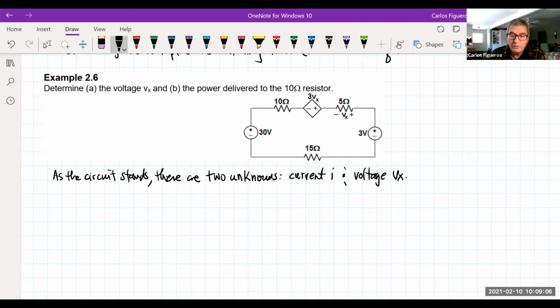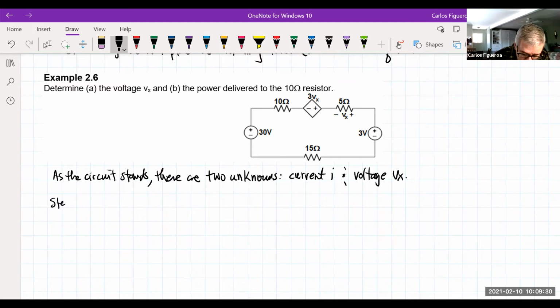But I only have one loop. If I only have one loop, that only gives me one equation and two unknowns. That's why it becomes an issue with using the dependent condition here. So here I go. Right now I'm looking at this guy and I'm going to treat the voltage source as any other source here.